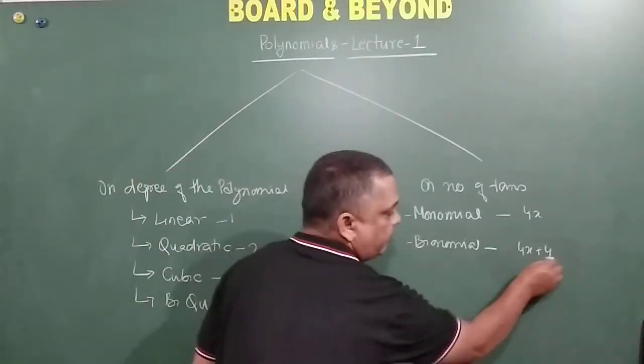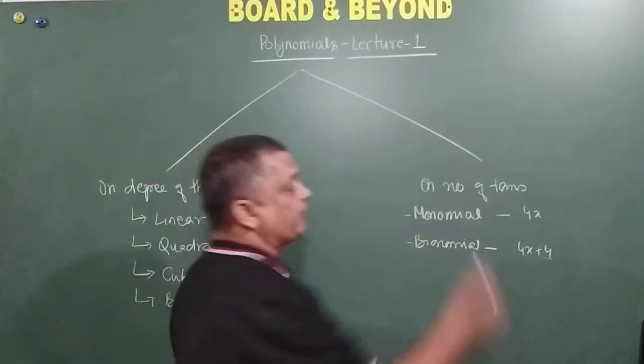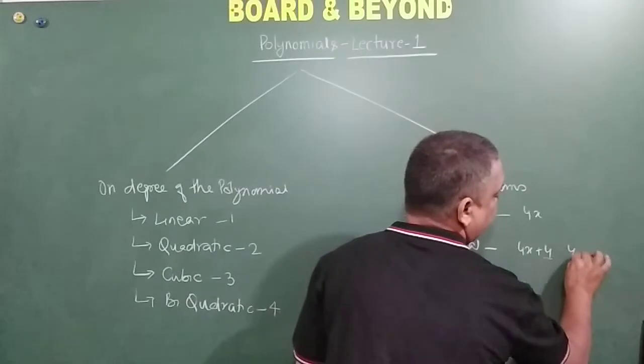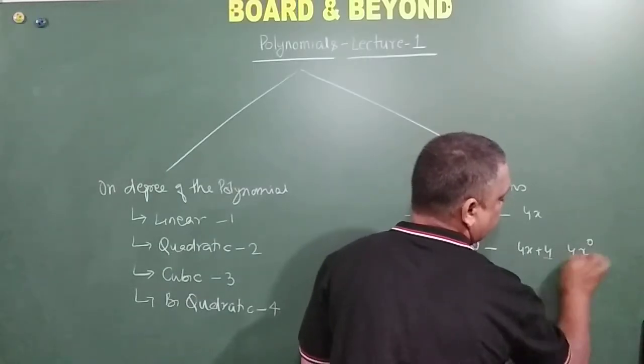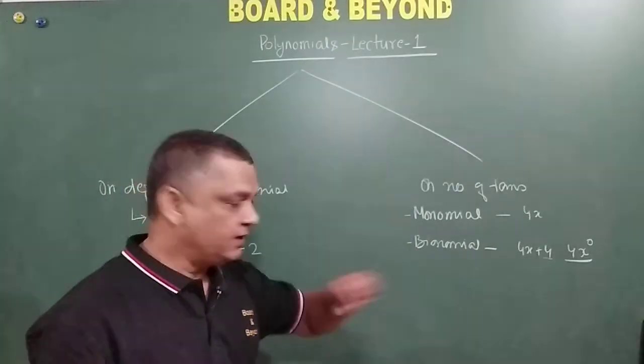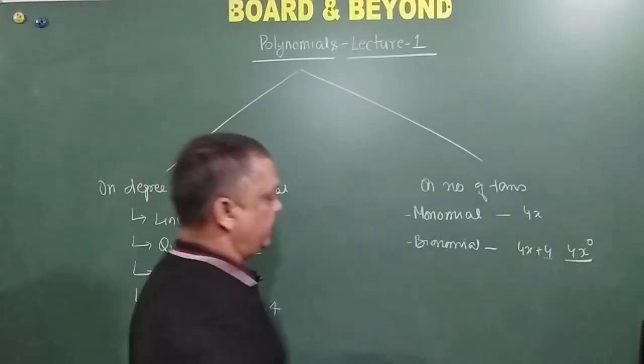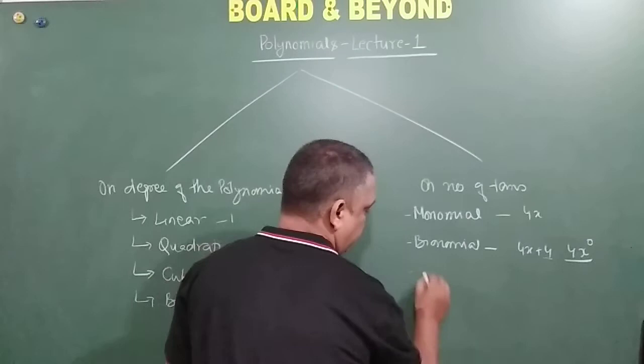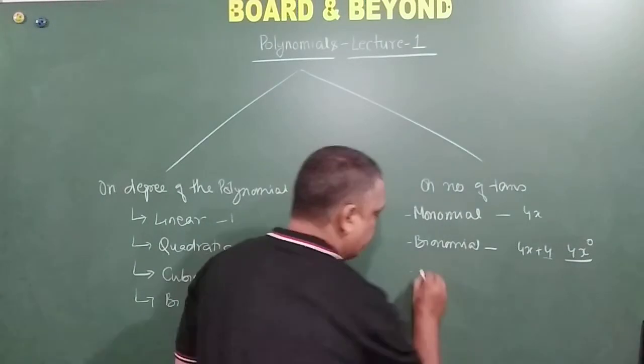4 is also a term, my friend, because 4 can always be expressed as 4 into x raised to power 0. I hope you are understanding this concept, right? So 4 is also one term, right? Binomial, then trinomial.